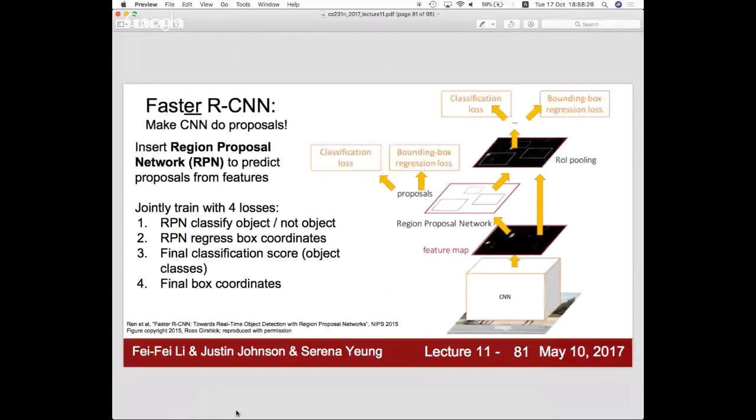So the first, the proposal classification loss, is a binary classification, whether the box is an object or not. So that's to determine whether that box is useful. The lecture says binary, but it's not really binary. What actually happens is that it creates something called an anchor, which really transforms the image into 9 different variations, and then they try to predict all the k possibilities at one time.